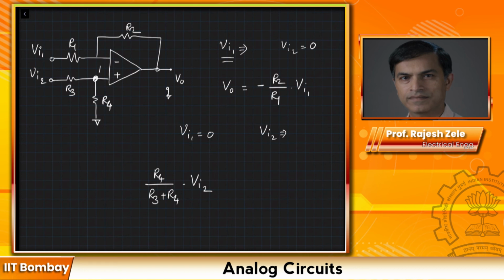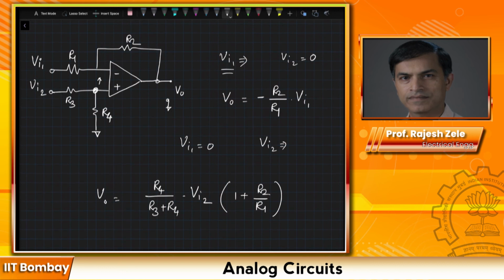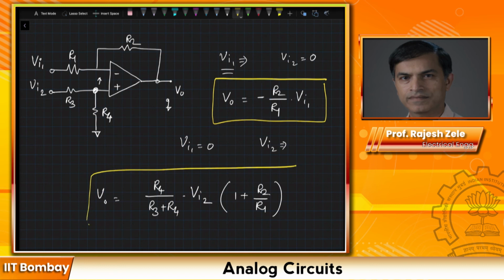And from here onwards, it looks like a non-inverting amplifier. Since Vi1 is equal to 0, we will multiply this by 1 plus R2 divided by R1. Okay, so now we have two terms. This would be your Vo due to Vi1, and this would be your Vo due to Vi2.